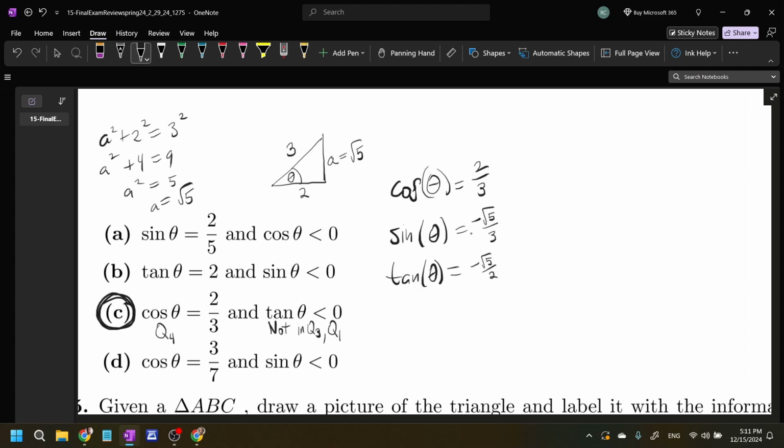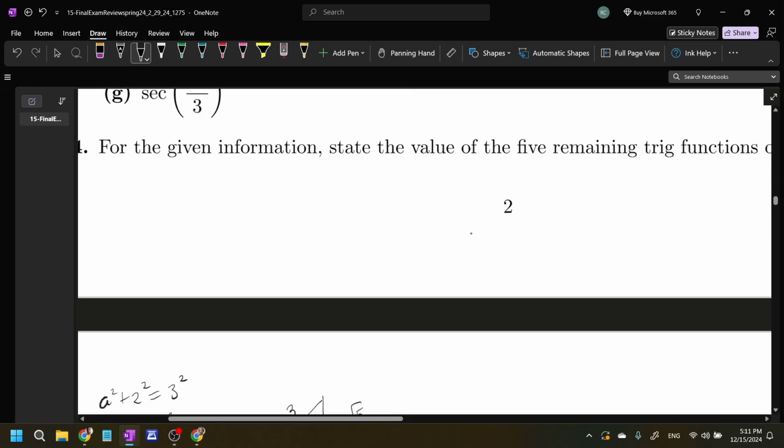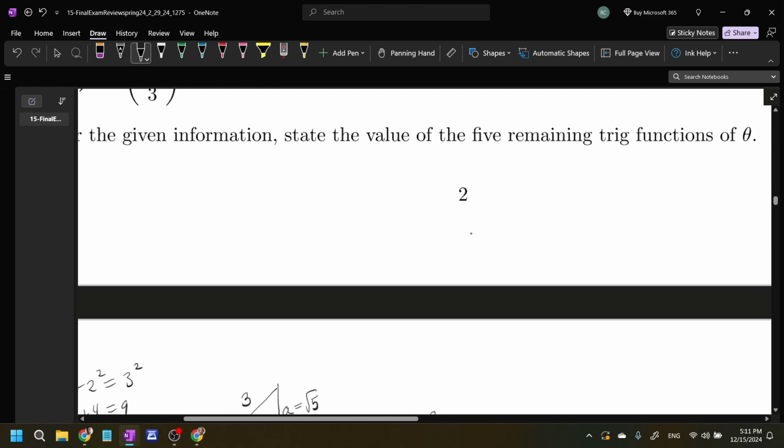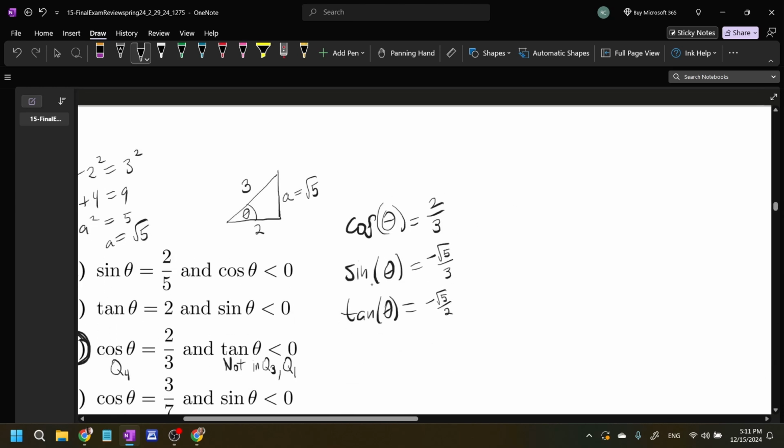Okay? They say state the value of the 5 remaining trig functions. What they're saying is we've got the main 3, sine, cosine, tangent, and then we've got the reciprocals, secant, cosecant, and cotangent.